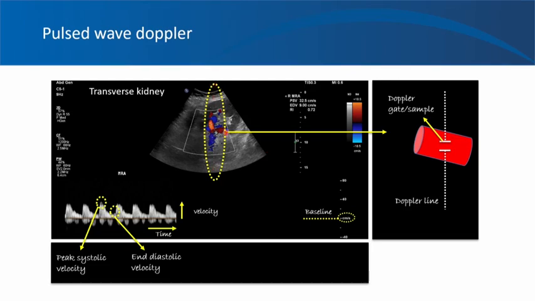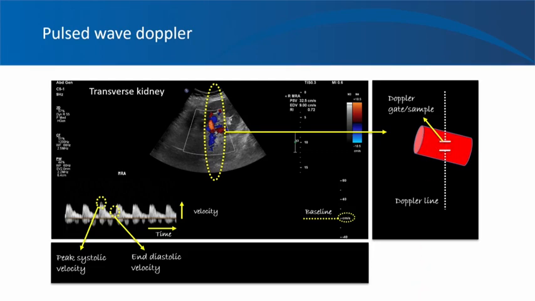But here it's not very clear, that's why I showed it in an illustration. So you get a dotted line like this, that's the Doppler line. And the difference between the continuous wave Doppler line and this pulse wave Doppler line is that this one has a small opening. This is called the Doppler gate or the sample gate.